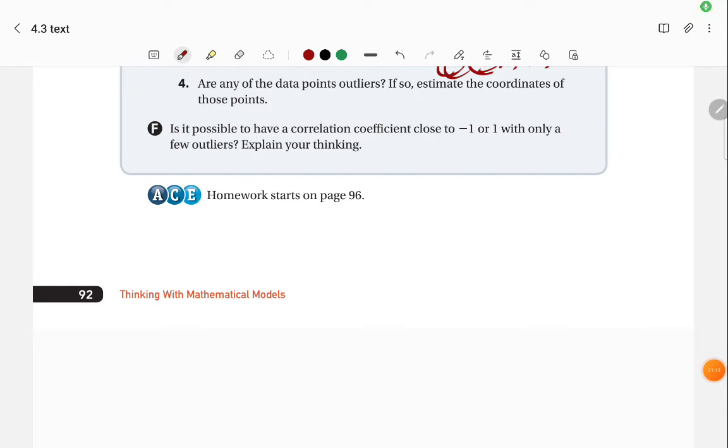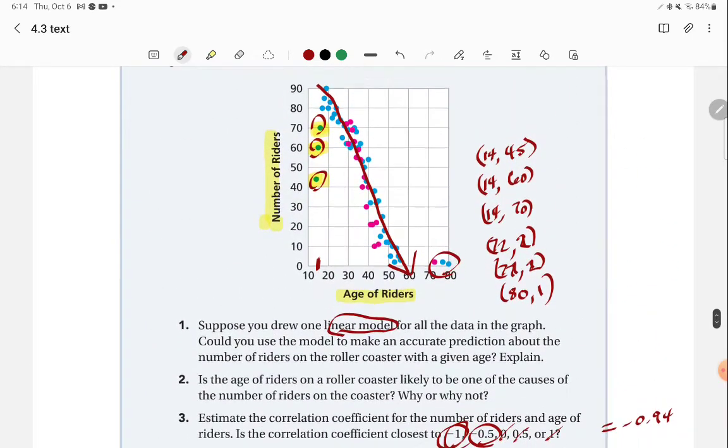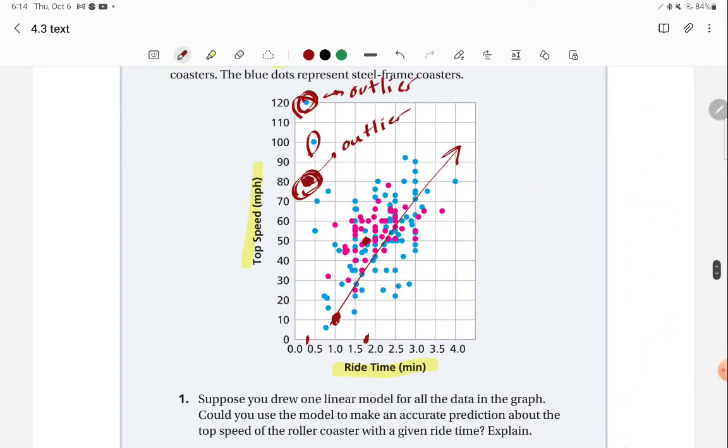Okay, and the last one. Is it possible to have a correlation coefficient close to -1 or 1 with only a few outliers? Absolutely. As we can see here, in this case, we have a few outliers. But if we have a lot of outliers, like here, I would say all of these, and there's not many outliers below.